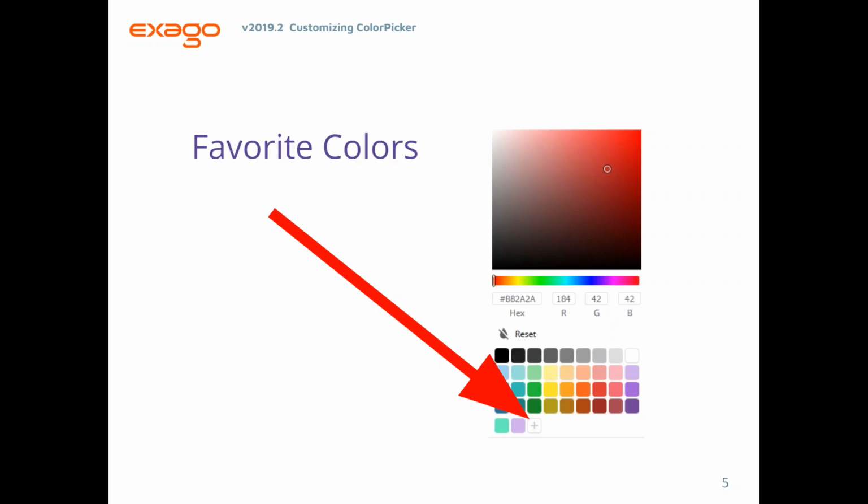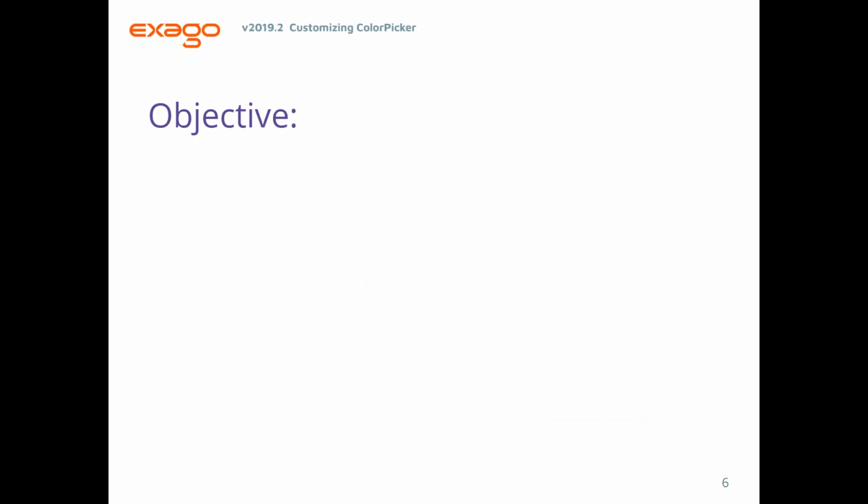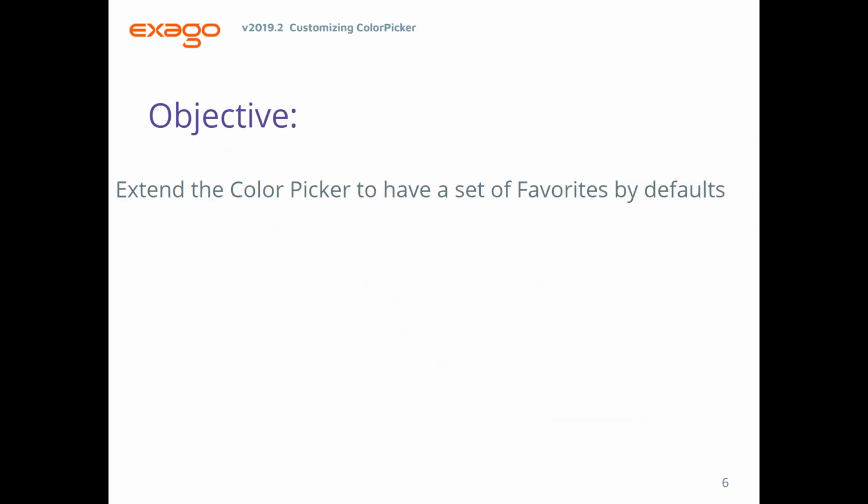And our objective with these favorite colors is going to be to extend that. That is to say, to set some favorite colors for our users by default. So a user won't have to go into the full application and choose all their favorite colors and have them stored. There will already be some that match their preferences throughout the rest of the host application or their company's branding, however you want to do it here.